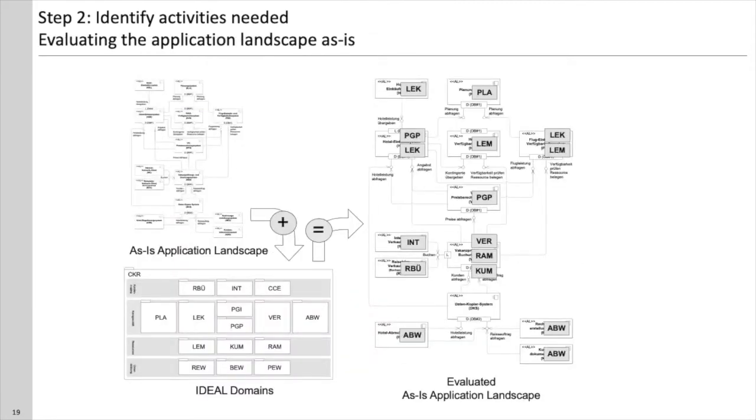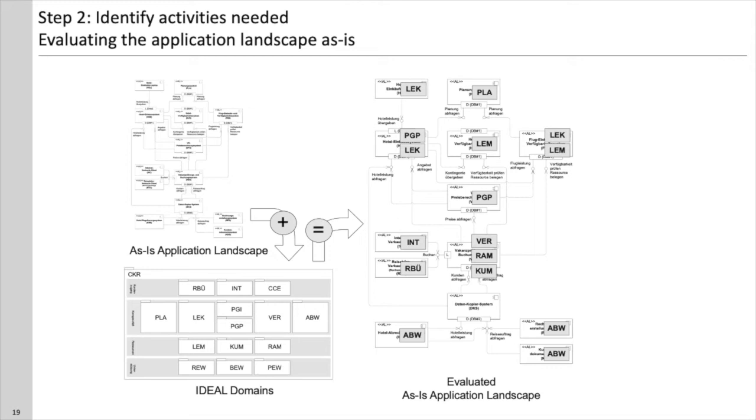One of these aspects was how the as-is application landscape already matches our ideal domain structure. What you see down there on the left is the ideal domains from CCT, and up there on the left is the as-is situation. So we now contrast the as-is situation with the ideal domain structure.